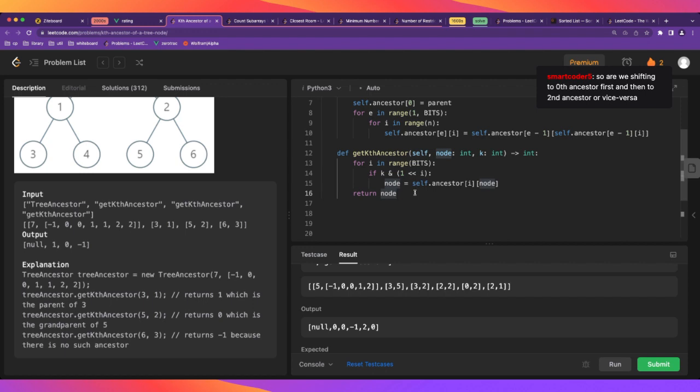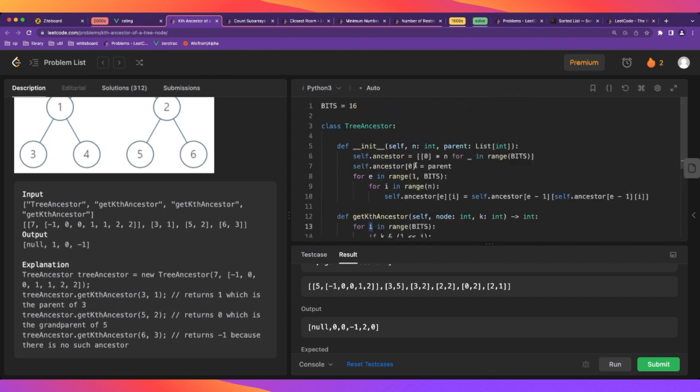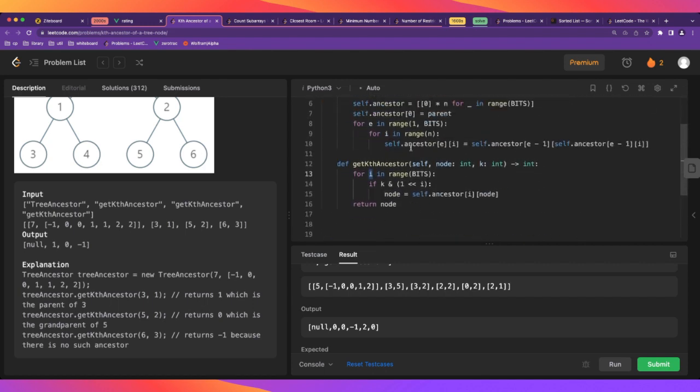So this seems right. So are we shifting to the 0th ancestor first? So i goes from 0 to 15 inclusive.